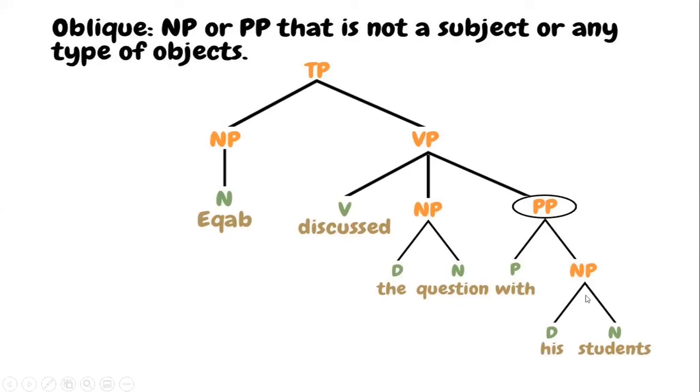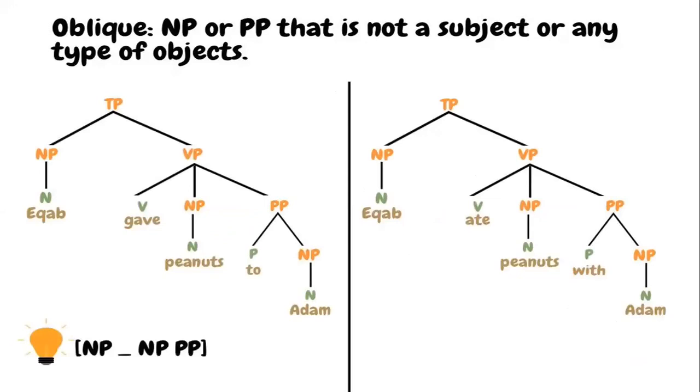We consider it as an oblique. Why? Actually, because this is not a subject and not any type of object, so it is an oblique. Now we need to know how to distinguish between the two types, which is oblique and the object.